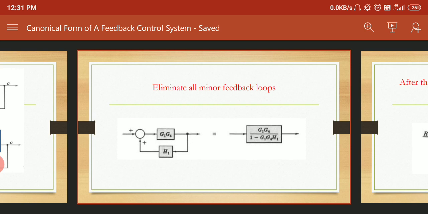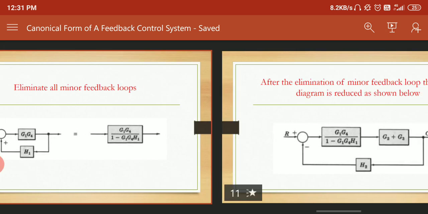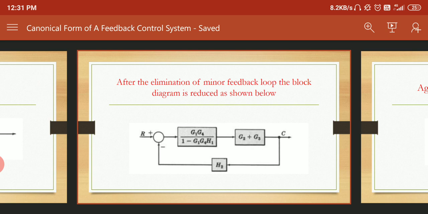That is, when H1 has a plus sign, then we have to take minus here. Hence we get G1 G4 upon 1 minus G1 G4 H1. After eliminating the minor feedback loop, the block diagram is reduced as shown in the figure.